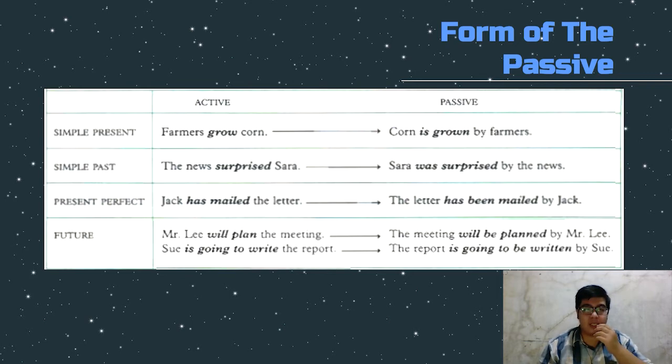We can see there, simple present: farmers grow corn. The passive is: corn is grown by farmers. And any other example in there.